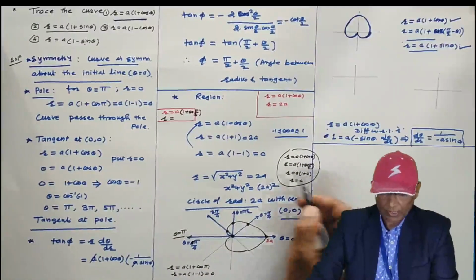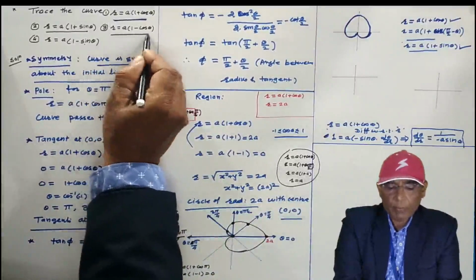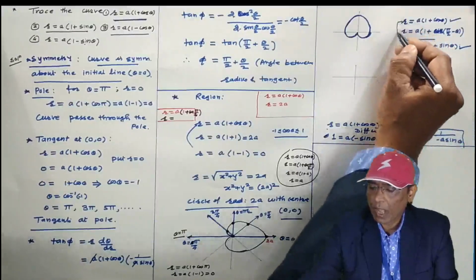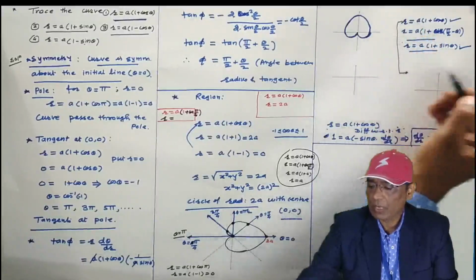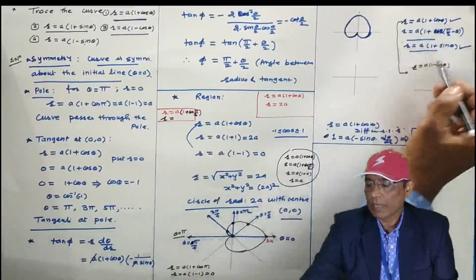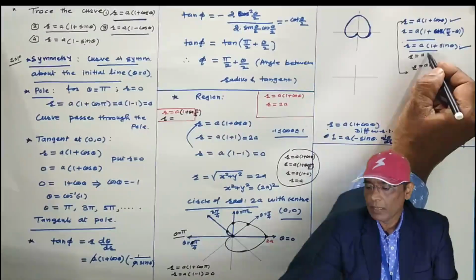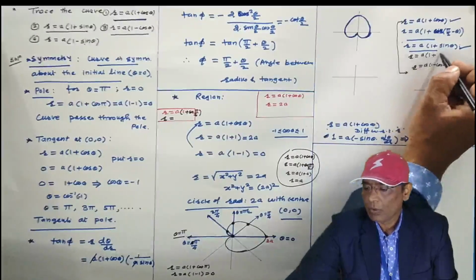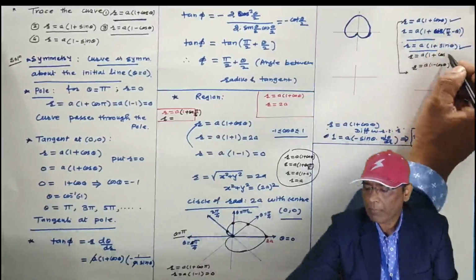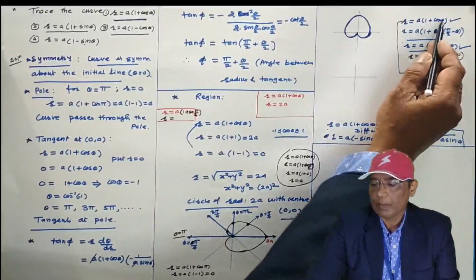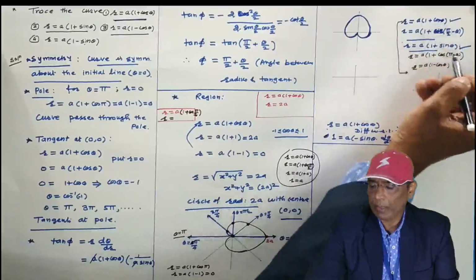Now in the same fashion, r is equal to a(1 minus cos theta) I want. From this one, how to get r is equal to a(1 minus cos theta)? From cos theta to minus cos theta. How to reach? Cos of (pi minus theta) is minus cos theta. Subtract this angle theta from pi.